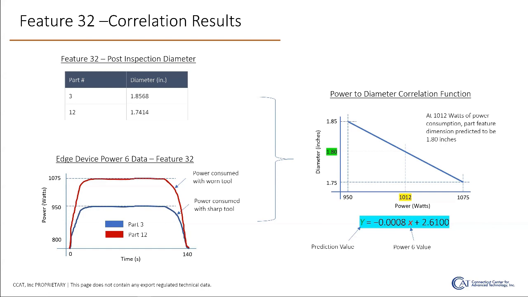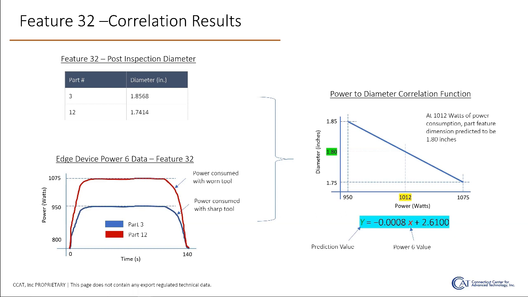So the red line is indicating the power consumed. It's a time series plot. At the beginning, you're at obviously 0 power consumption because the spindle's off, and then it turns on. And as you're moving the tool into the workpiece, you see the power consumption go up. Then for example, for part number 3, as the machining is happening, it kind of levels off at 950 watts, whereas part 12 levels off at about 1075 watts.